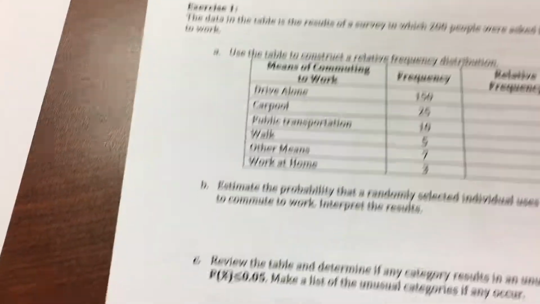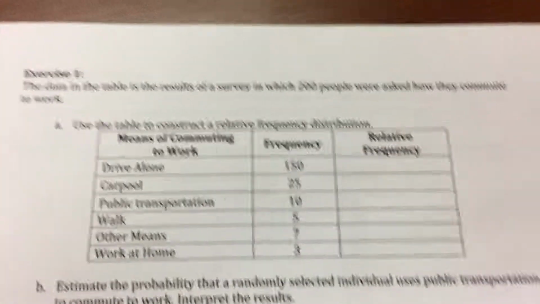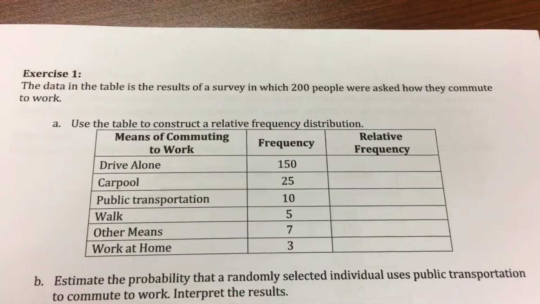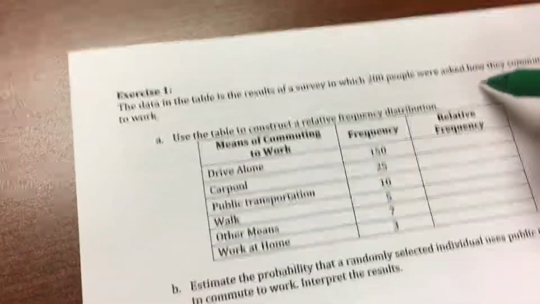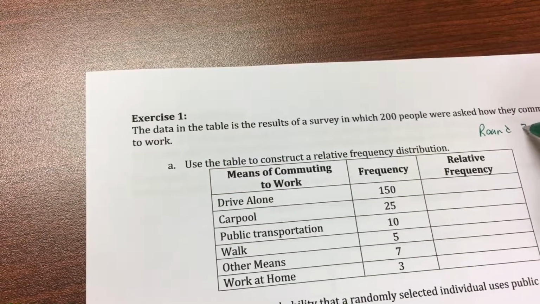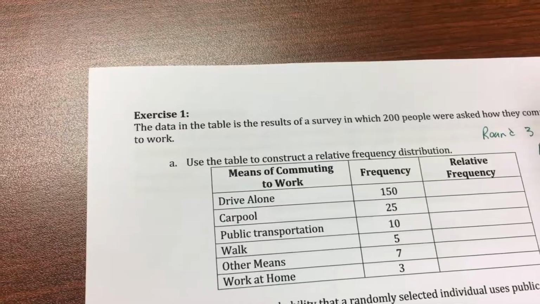Now, in this particular problem, what I want you to do is make sure you round to 3 decimal places, okay? So this should have 3 decimal places. I'm going to write this. So round 3 decimal places for every one of these.